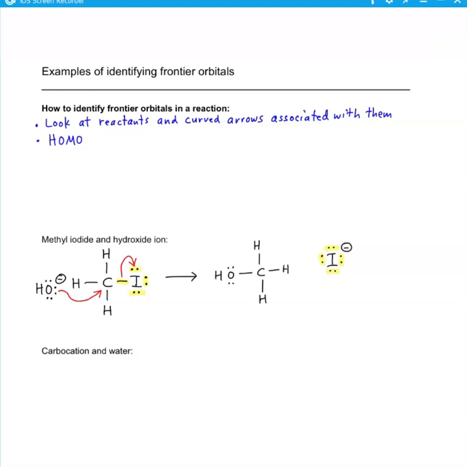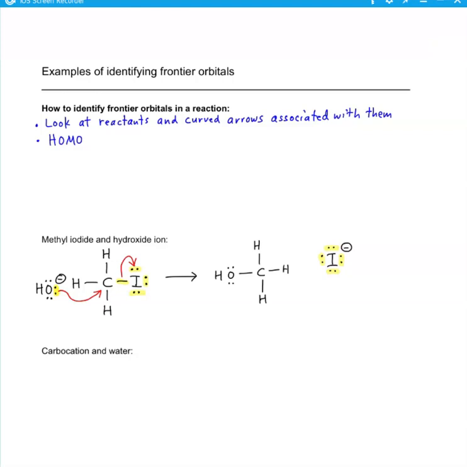Okay, so let's go back down to the example, and what we can see is the following. The first arrow that we drew originated at that lone pair. That suggests, along with the fact that it's pointing to the methyl iodide, that it's the hydroxide ion that's supplying the electrons to the methyl iodide.